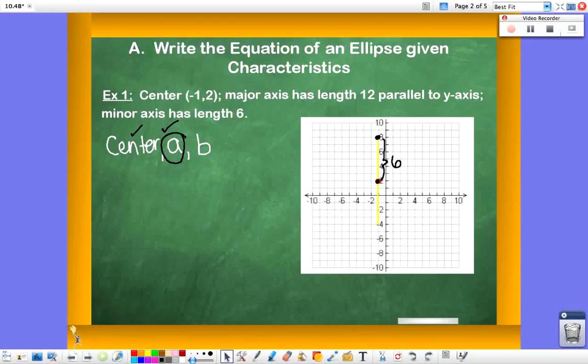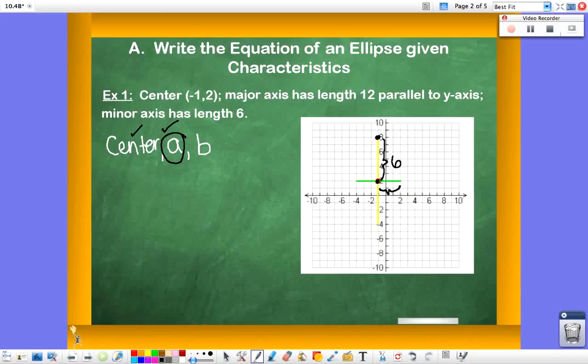Well, remember, if your major axis is going vertically, then your minor axis has to go the other direction. So our minor axis has a length of 6. It's going to run through the center again, and it's going to be 6 units from tip to tip, which means when I draw it in, I get this green line, which is 6 units across, which means 3 in each direction. And we get our last piece of pertinent information, which is our B value.